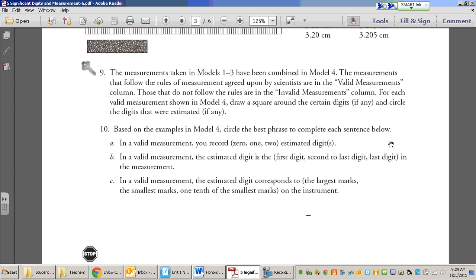Oh no, thank you. You record one estimated digit. You don't get to go frivolously and continue. In a valid measurement, the estimated digit is the blank digit in the measurement. Last, okay? Don't estimate in the middle. That would be real funny because I would not understand what you're doing there. And then finally, in a valid measurement, the estimated digit corresponds to the blank on the instrument.